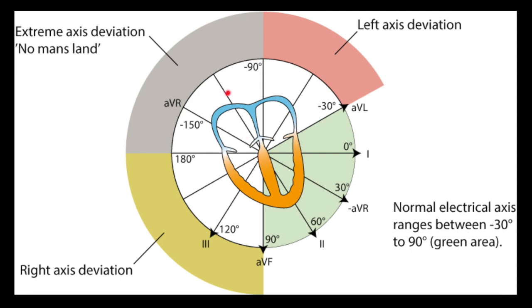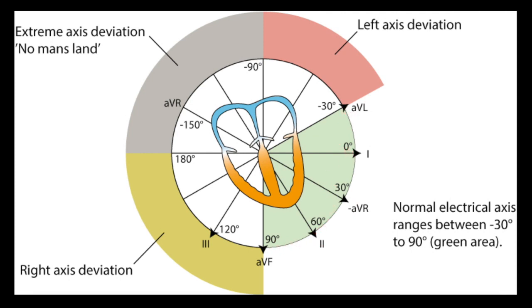But it goes somewhere like that, top to bottom, patient right to patient left. And so a normal axis, the main direction of electricity that flows through the heart, stays in this green area here from 90 to negative 30.